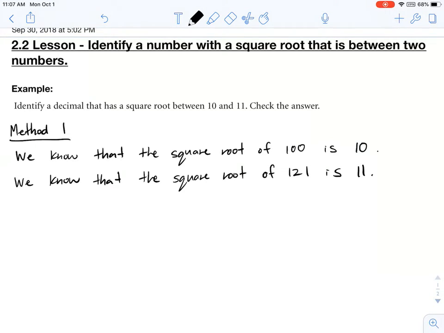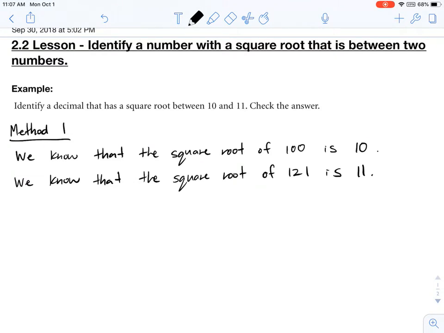So remember, we want to find a number where after taking the square root falls in between 10 and 11. So we use 100 and 121 because we know that when we take the square root of these numbers, it'll be 10 and 11, which is kind of what we want to figure out.